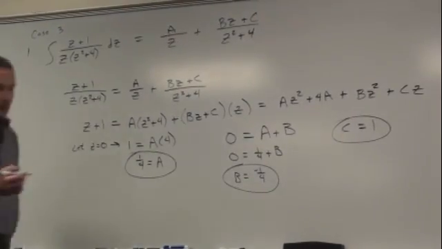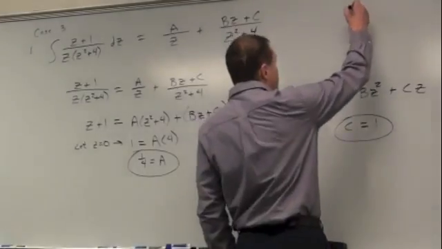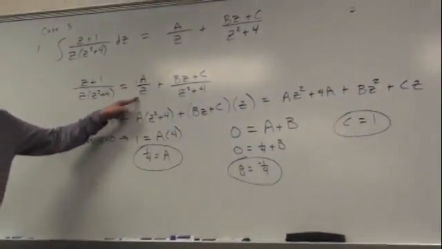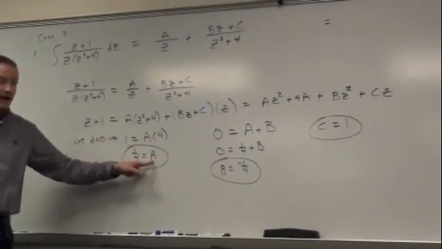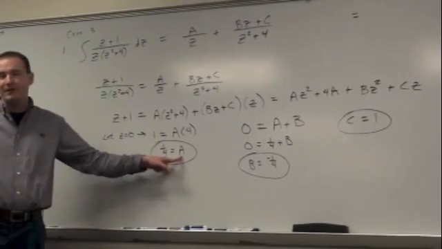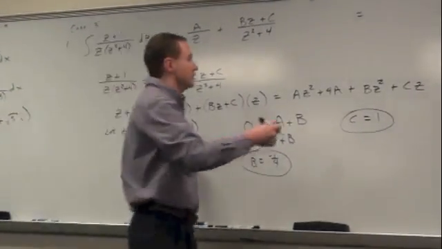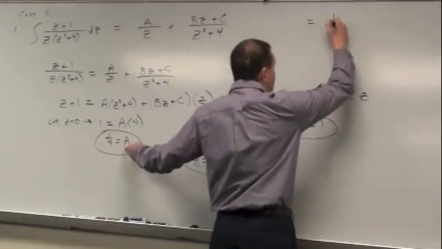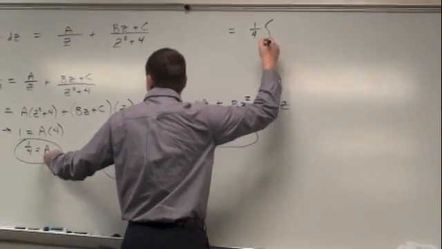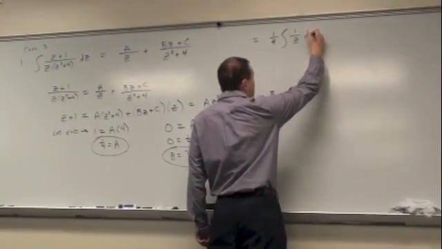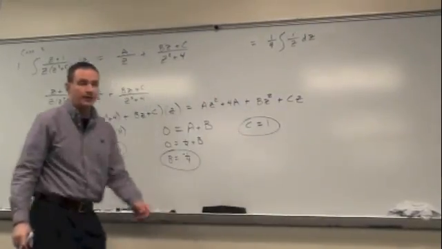So I'll go into my equation and say, well, all of this is going to equal the integral of a over z with respect to z, where a is 1/4. I'm going to go ahead and factor that 1/4 out front because I know it's not going to be useful inside the integral. So I'll say 1/4 the integral 1 over z. When I factor the 1/4 out of the numerator, I'm just left with a 1.